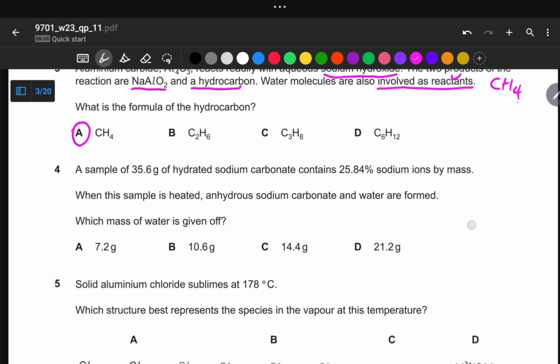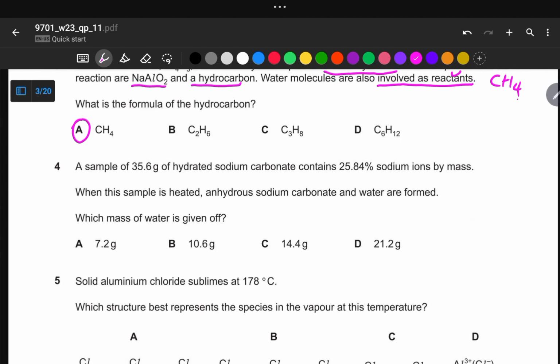Number 4 says a sample of 35.6 grams of hydrated sodium carbonate contains 25.84% of sodium ions by mass. When the sample is heated, anhydrous sodium carbonate and water are formed. Which mass of water is given off? So we are required to calculate the mass of water given off.